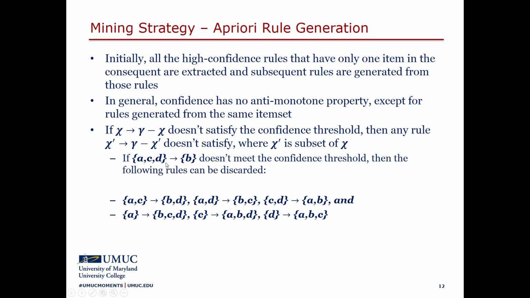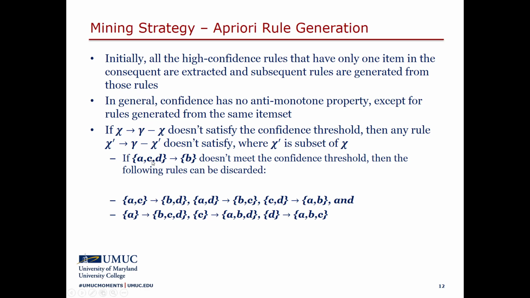For instance, if ACD leading to B does not meet the confidence threshold, one of the rules extracted from the ACDB item set, with ACD on the antecedent part and B on the consequent part, then all the rules that contain a subset of the antecedent will also not satisfy the confidence threshold.